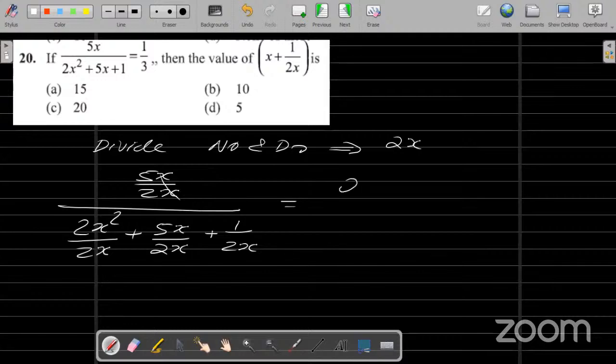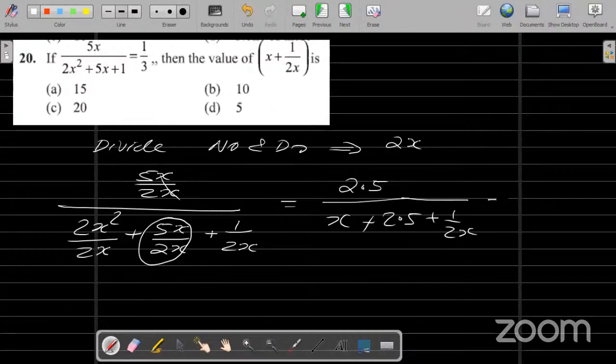Numerator is 5 by 2, which is 2.5, divided by 2x square by 2x, which is x, plus this term 5x by 2x, which is 5 by 2, again 2.5, plus 1 by 2x. That equals 1 by 3 as given in the question.